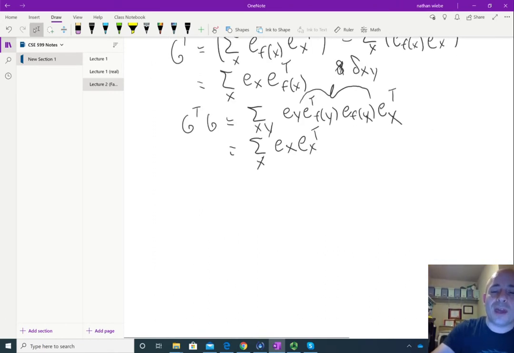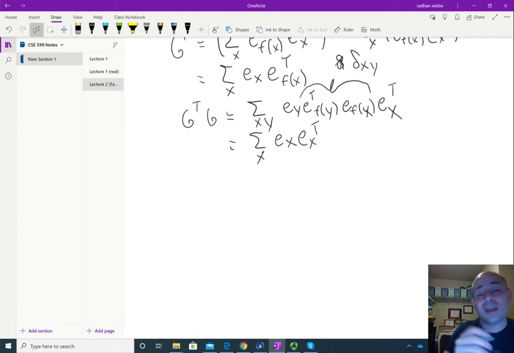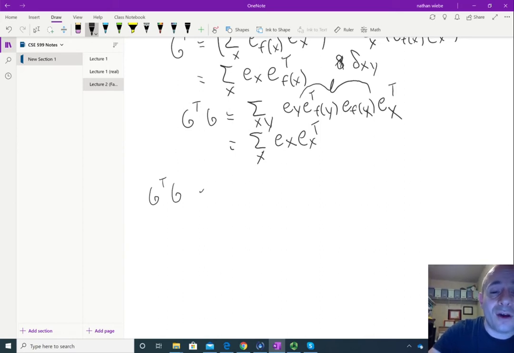So the easiest way to see this is to say, okay, let's say that we've got G transpose G acting on an arbitrary input computational basis vector, e_k, over here. That will end up giving us a sum over x of e_x e_x transpose e_k.